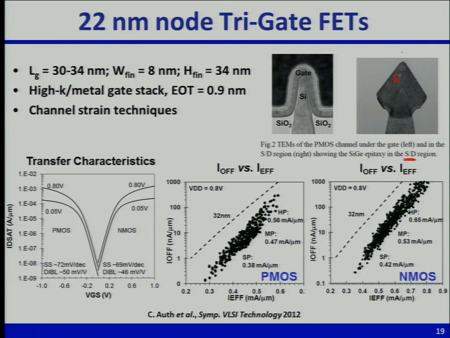They grew the silicon germanium, remember the silicon germanium that's grown to induce strain in the PMOS devices, on top of silicon in the source drain fin regions. So in production, it's about 30 nanometer gate length, and the width of the fin at the top is only 8 nanometers. Pretty small, yes?